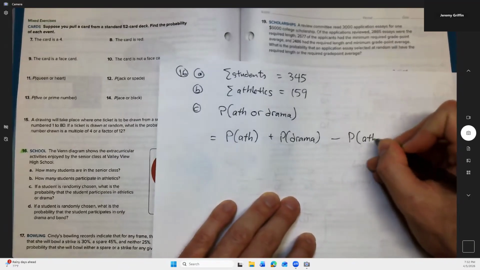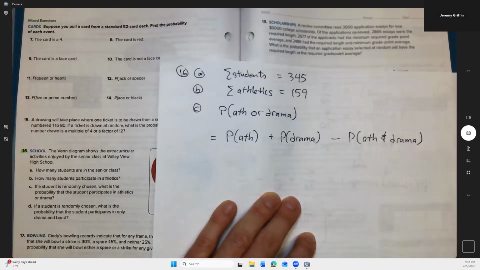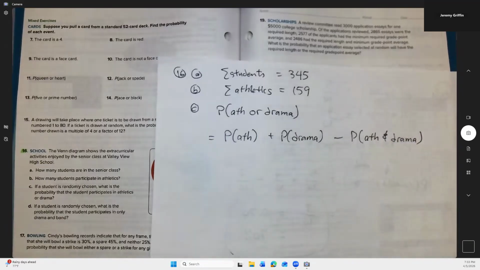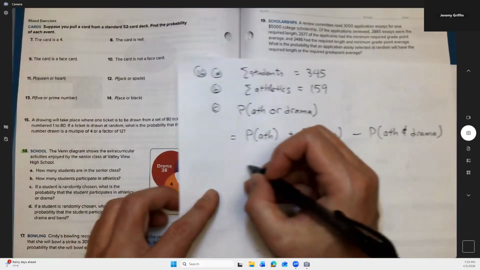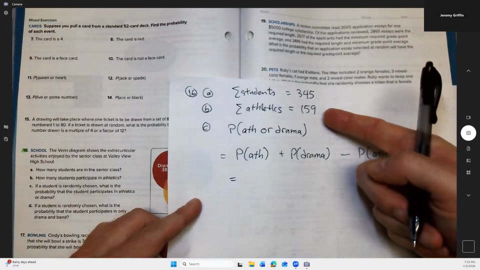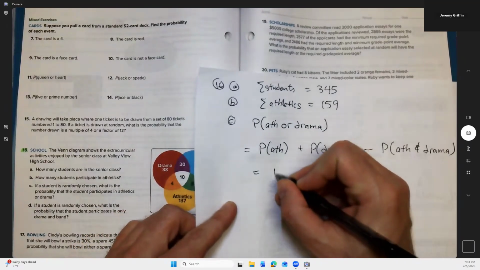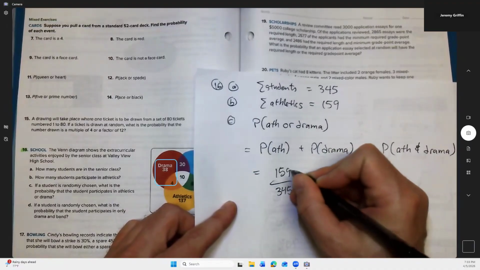So I'll say athletics and drama, just to follow this format right here. Let's see. Well, the sum of athletics is 159, so I'll do 159 out of, of course, 345 students could be in athletics.